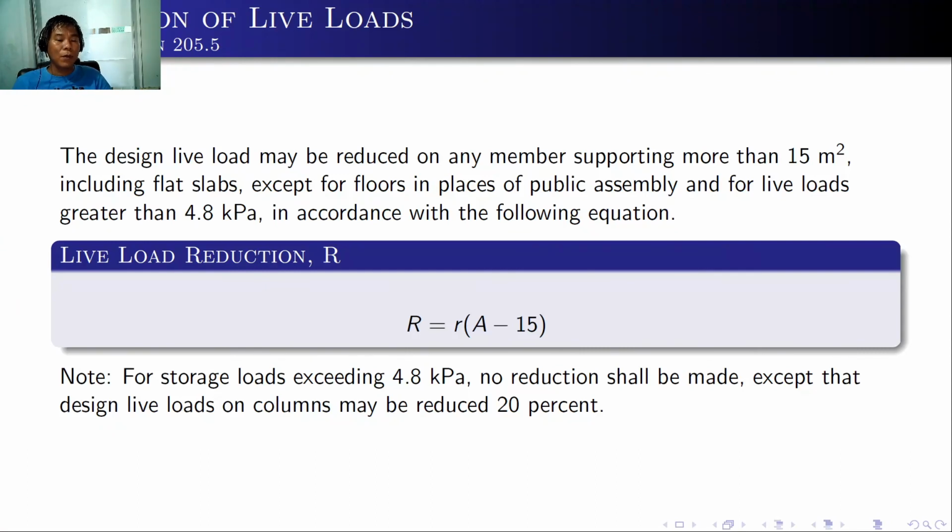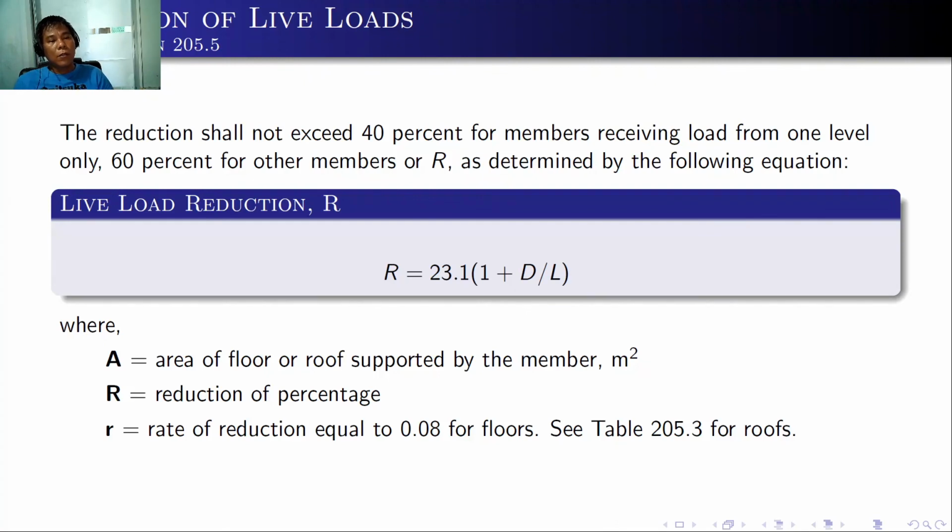Note that for storage loads exceeding 4.8 kilopascal, no reduction shall be made, except that design live loads on columns may be reduced 20%. Also, the reduction shall not exceed 40% for members receiving loads from one level only, 60% for other members, or R as determined by the following equation.